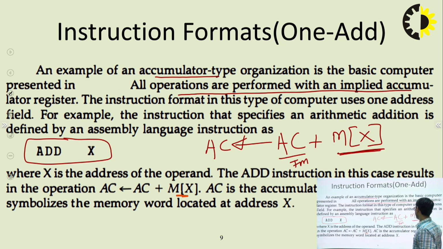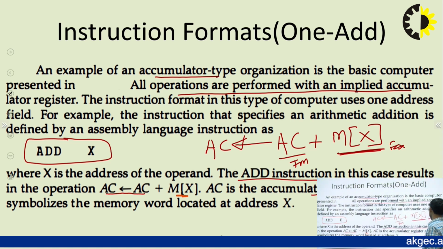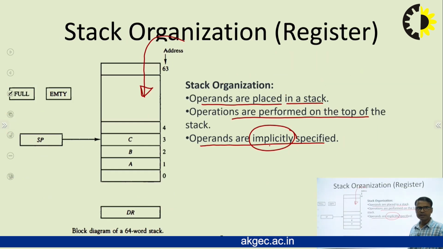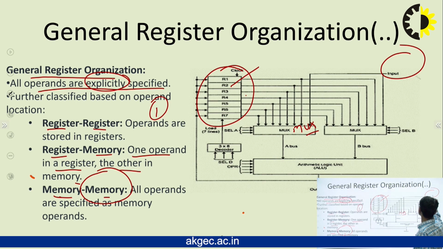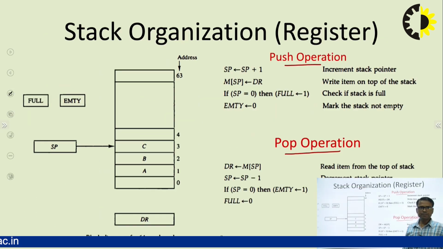Where the X address is the operand, and the add instruction in this case results in this operation. The accumulator is the accumulator register and M[X] symbolizes the memory word located at address X. This memory word is fetched through this outside connection and it is selected through the multiplexer.